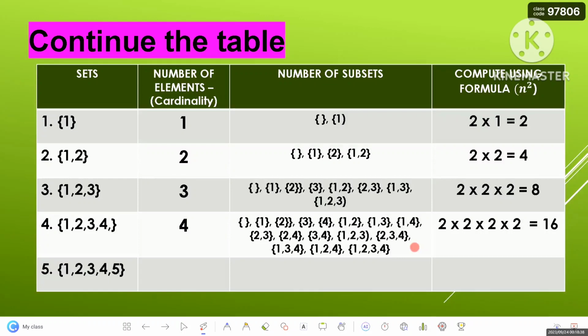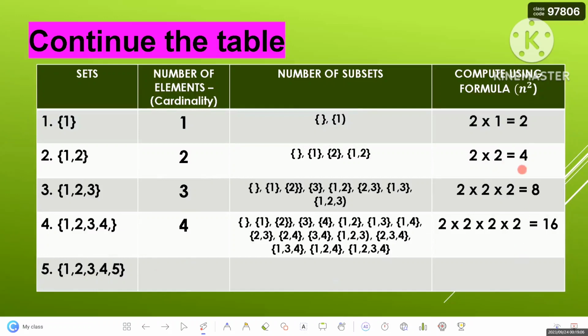Now, do you have a question? I guess naintindihan naman na siguro at mayroon ka namang nakikitang example. Now, it's your turn. You have to answer the last number 5. Sa number 5, meron tayong set 1, 2, 3, 4, and 5. Ikaw na maglalagay ng number of elements. Ikaw na rin maglalagay ng number of subset.